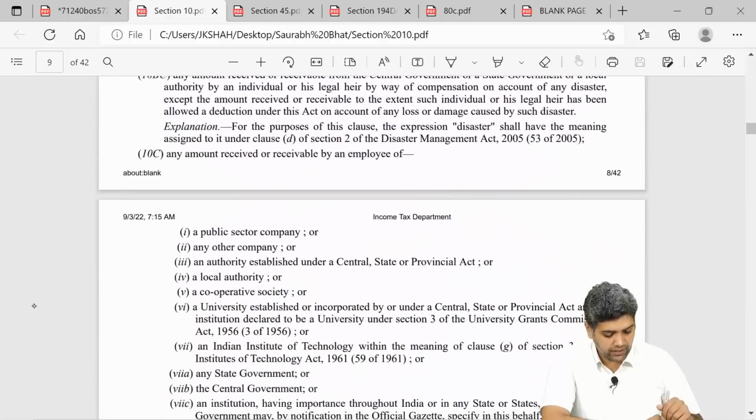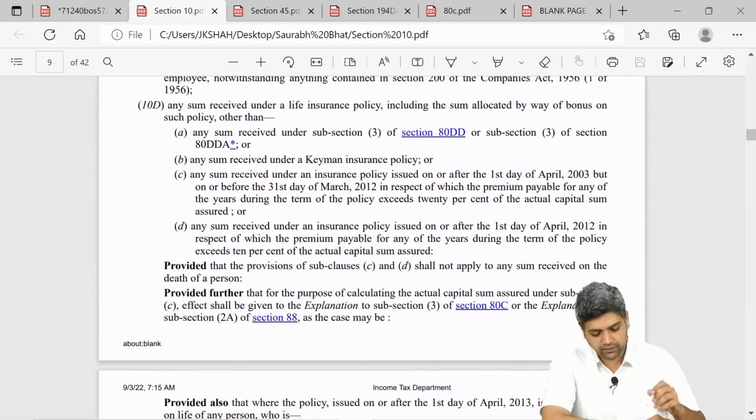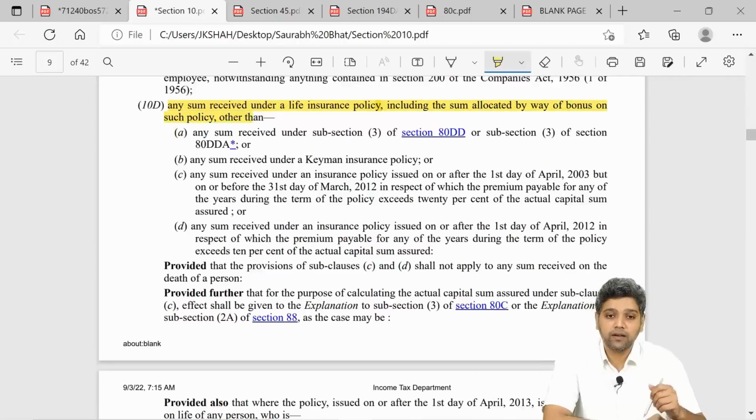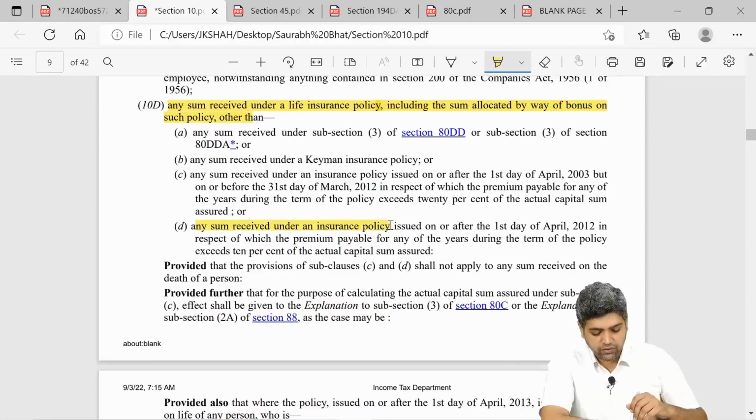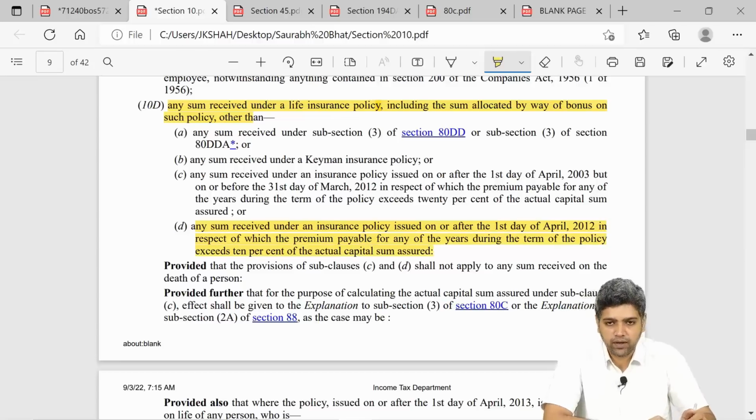Section 10 clause 10D. Yes, it says any sum received under a life insurance policy, including sum allocated by way of bonus on such policy other than, then they have given key man insurance, etc. And then they say any sum received under an insurance policy issued on or after 1st April 2012, in respect of which premium payable for any of the years during the term of the policy exceeds 10% of capital sum assured.